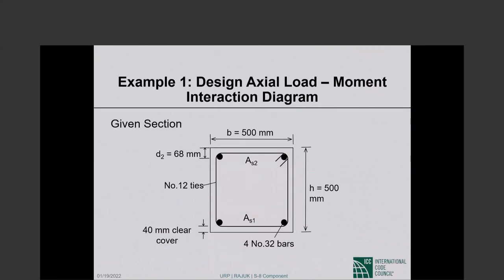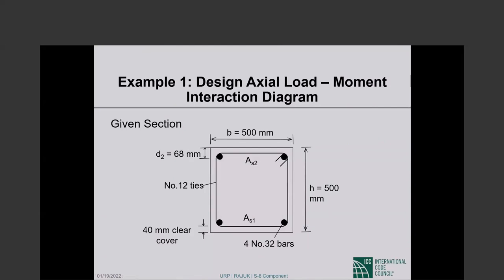Okay. So yeah, this example I think is a simple but a good one, and I'll make a few remarks after taking you through, and then whatever time is left will be for question and answer. Okay, so this is a column section, 500 by 500.